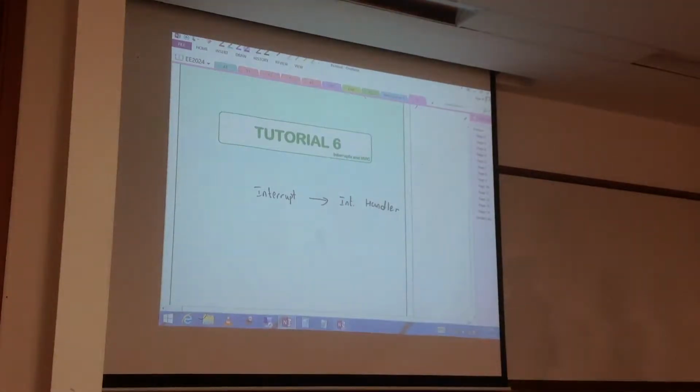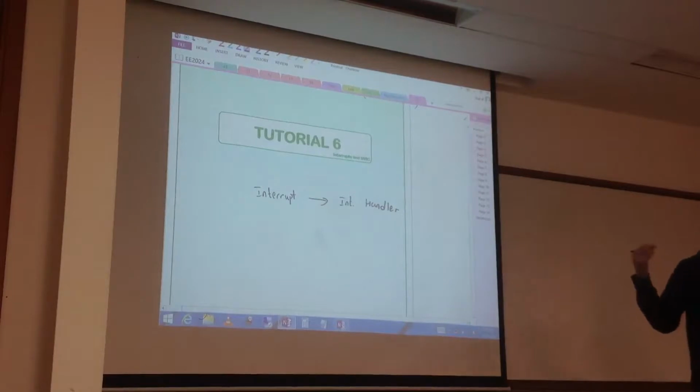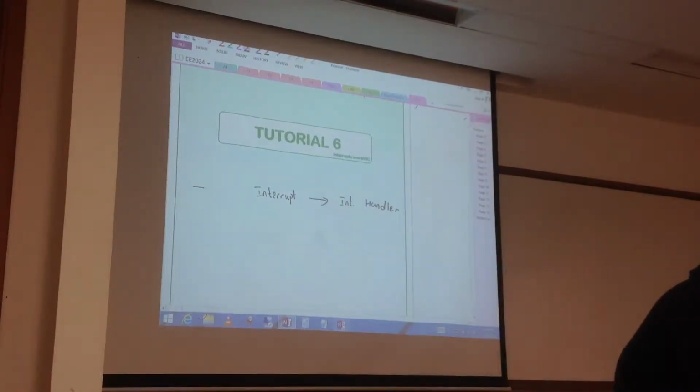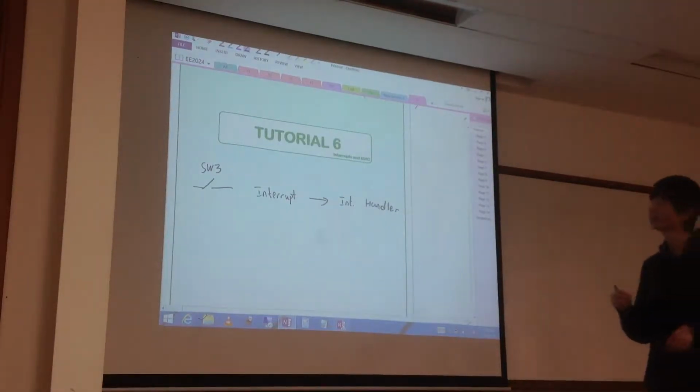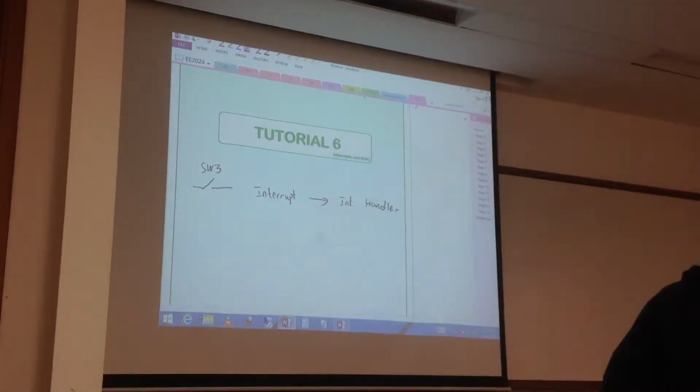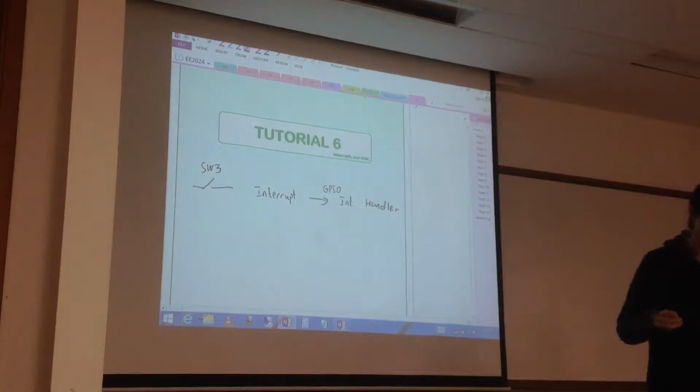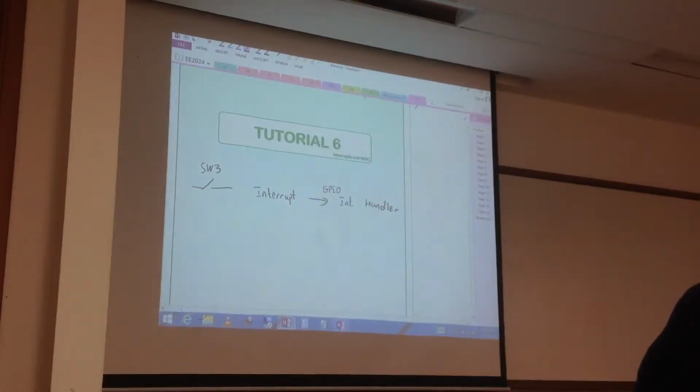Actually, how does this happen? For example, an interrupt occurs from SW3. How does it know that you're dealing with a GPIO interrupt? Let's say an interrupt comes from something else, maybe your USB port.